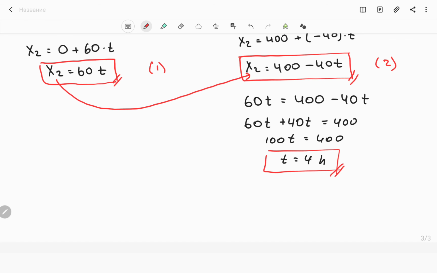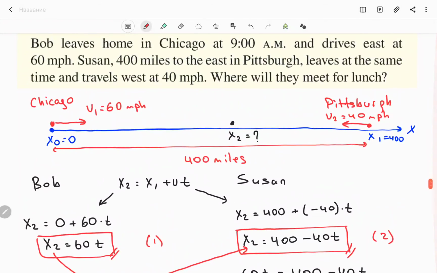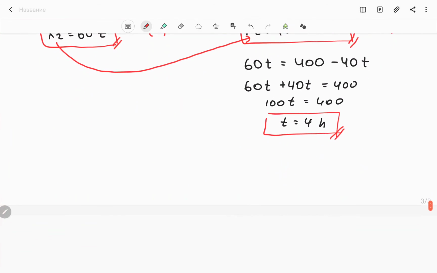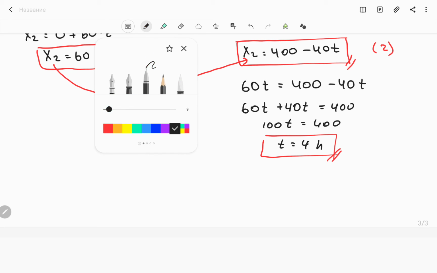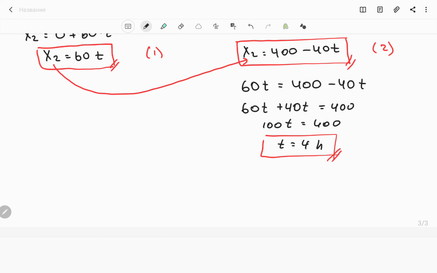After 4 hours. But the question was, where will they meet? So the question was not time, the question was position, yes? So we need to find x2. We can come back to any of the previous two equations. Let me use equation number 1. We know that x2 equal to 60 times time. Time is given, which is 4.